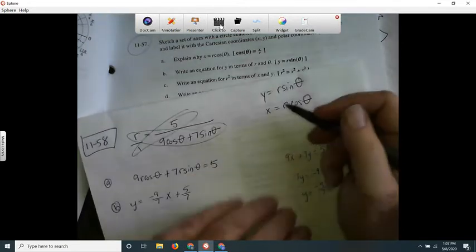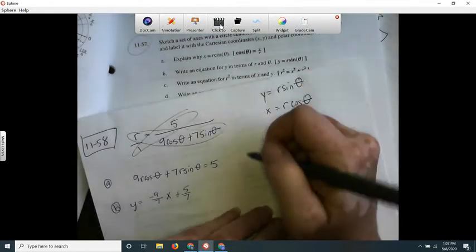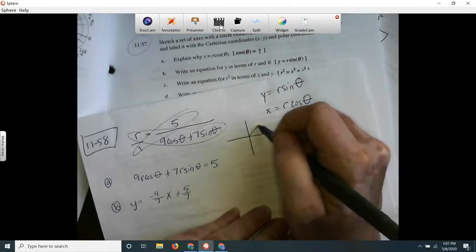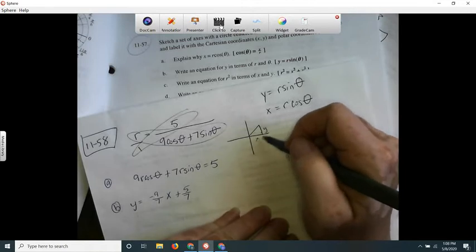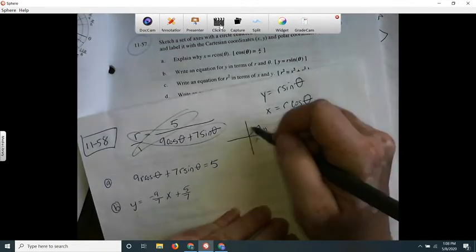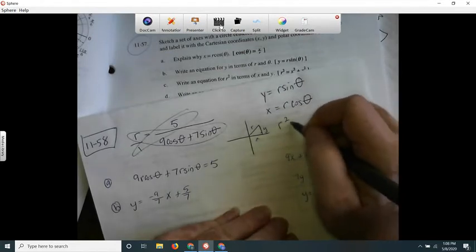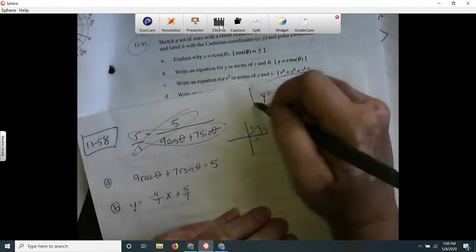And it should make sense that if this is r and this is x and y, the Pythagorean theorem says x squared plus y squared equals r squared. So these are some little formulas that you need.